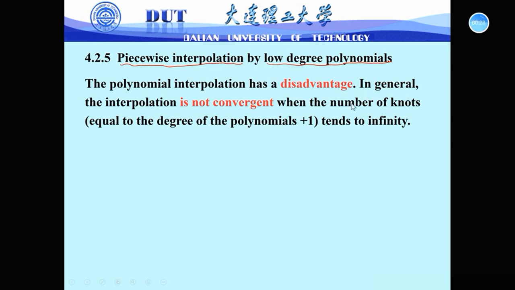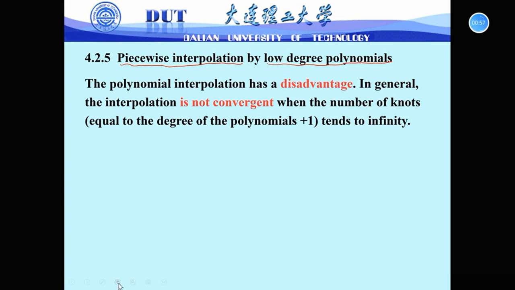In general, the interpolation is not convergent when the number of nodes, which is the degree of the polynomial plus 1, tends to infinity. The error does not converge to 0.